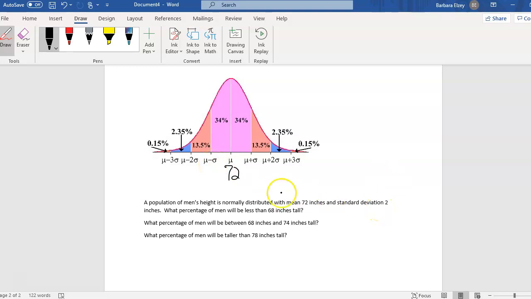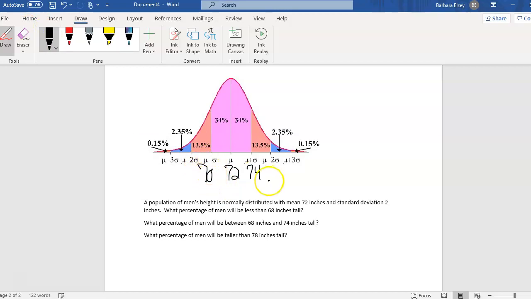Our standard deviation is 2, so if we add 72 plus 2, this will be 74. And then if we subtract 72 minus 2, that will be 70. I can't subtract. That will be 70.